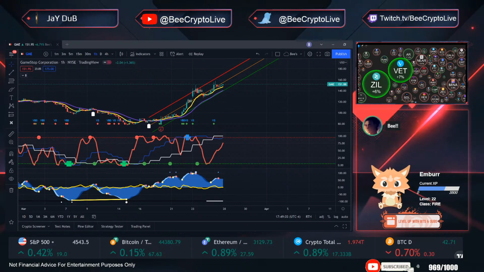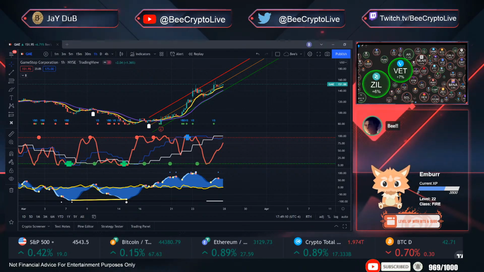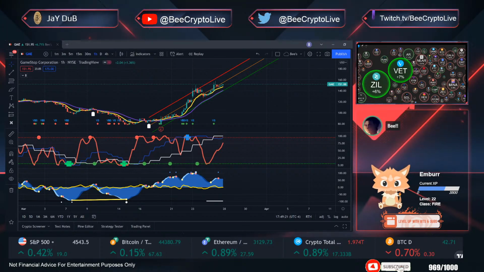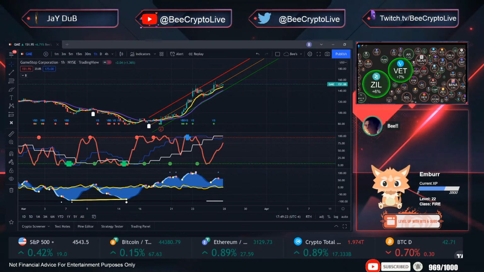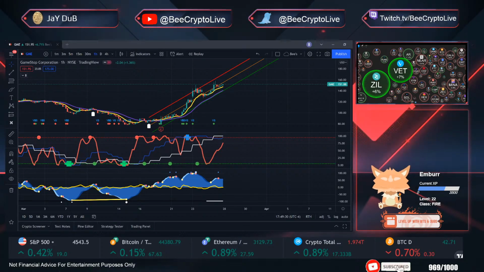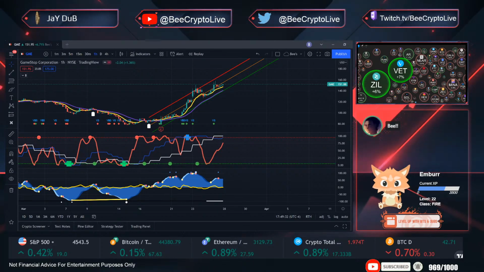Now, if you look at the table, this is important, you can see how much you're really protected. These are your entries: an entry at 1%, at 2, at 4, at 6, at 8, at 11, 15, 19, 25% away from your original price, right? And this is your average price, and this is the required change for you to be in profit.